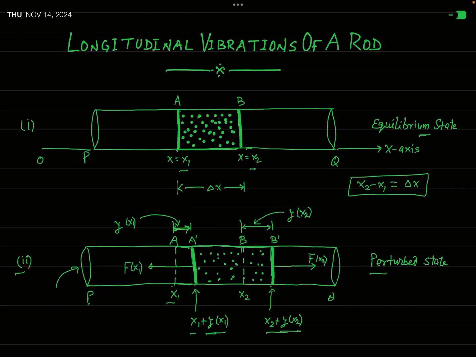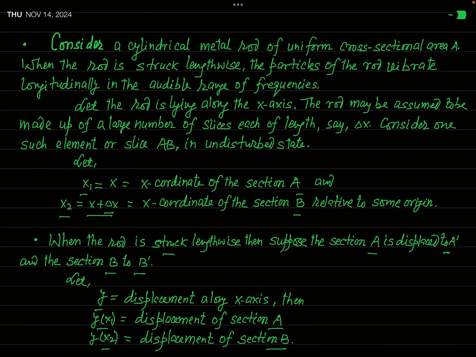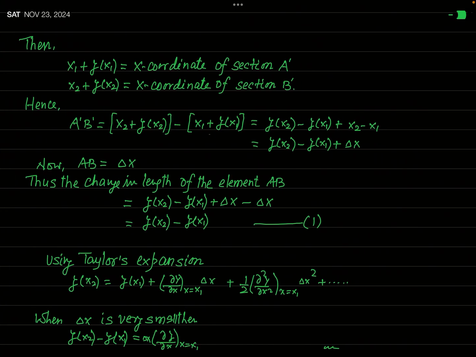Now you can easily find the length of this element A dash B dash. For this we will subtract the x coordinate of point A dash from the x coordinate of point B dash. So A dash B dash will be equal to x2 plus y of x2 minus x1 plus y of x1.